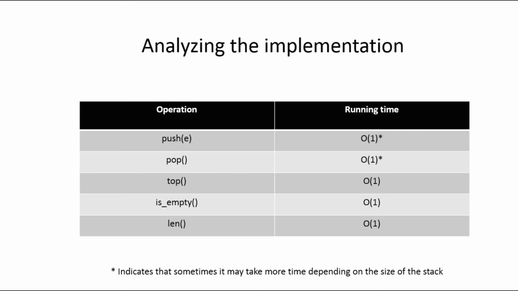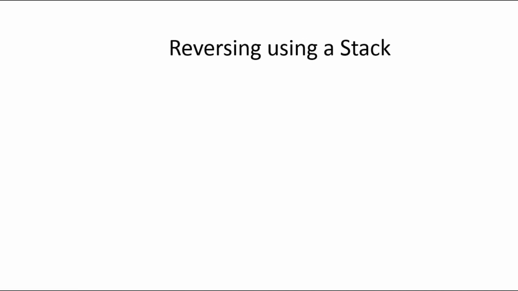So analyzing the implementation, we can see here all the methods of stack. That means our ArrayStack class will have constant time in big O notation, but push and pop sometimes take more time depending on the size of the stack.